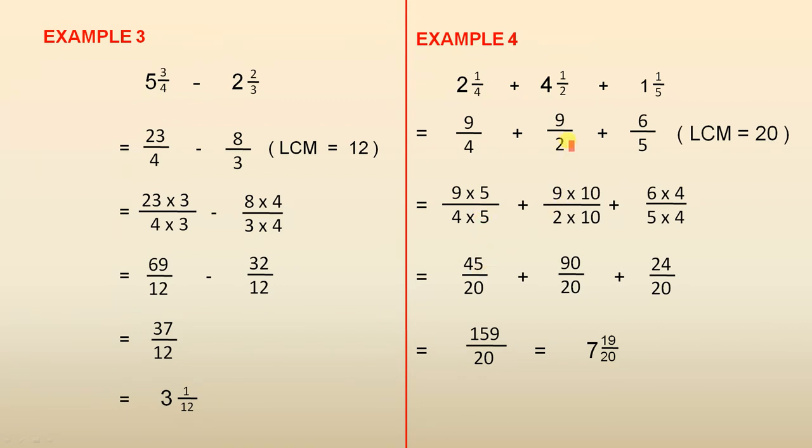For that denominator to be 20, multiply top and bottom by 10. We've done that here to give us 90 over 20. And for that denominator to be 20, multiply top and bottom by 4. We've done that here to give us 24 over 20. When you add those three fractions together, you get 159 over 20, which is 7 19/20.